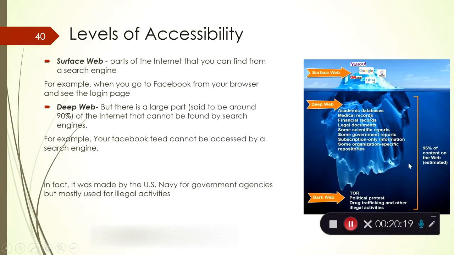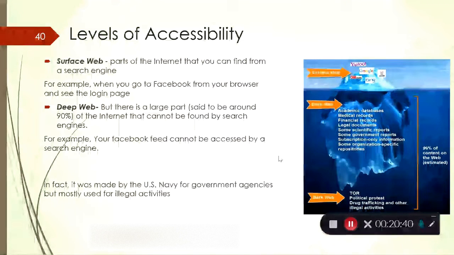It is in the deep web. For example, you can access the login page in the surface web, but if you want to access the news feed of Facebook, then you have to access the deep web. How? By using your username and password, you get into the deep web. Everything that is protected with credentials belongs to the deep web.